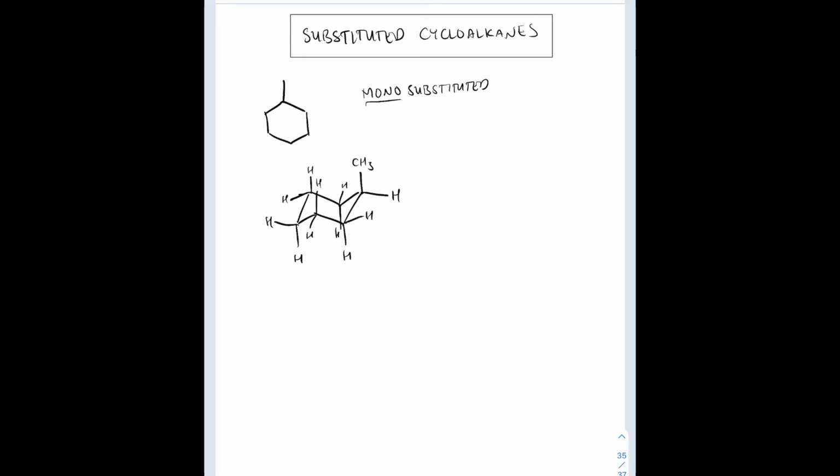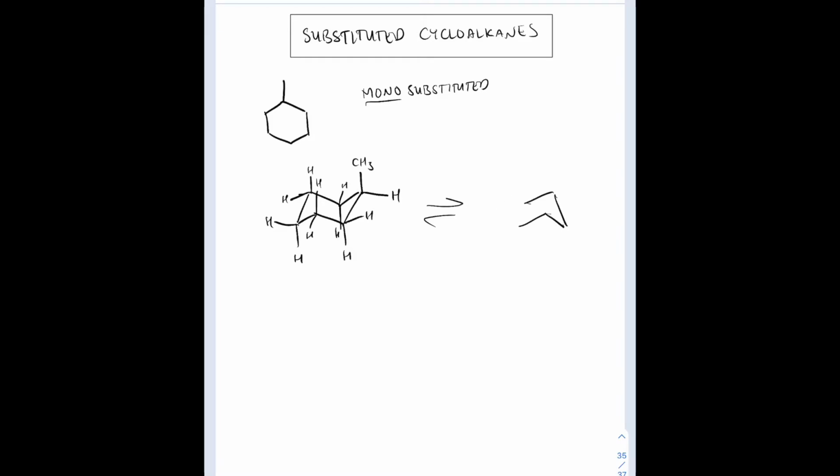Okay, and so this can actually undergo a ring flip as we saw before, and this is an equilibrium process. Let's not worry about drawing the boat conformation, but just focusing on, whoop, I totally just drew the same chair. There we go.